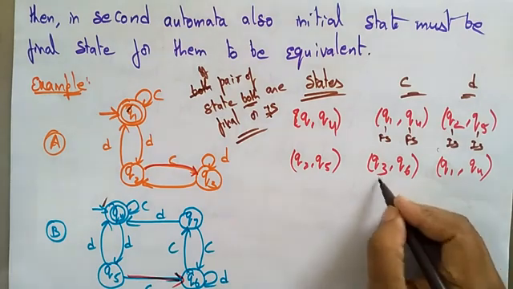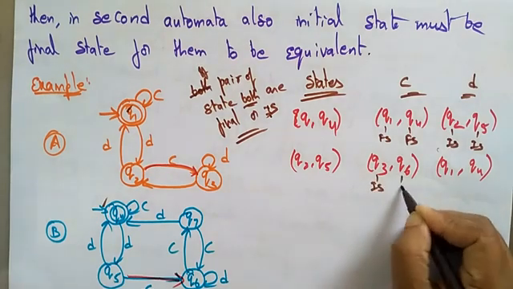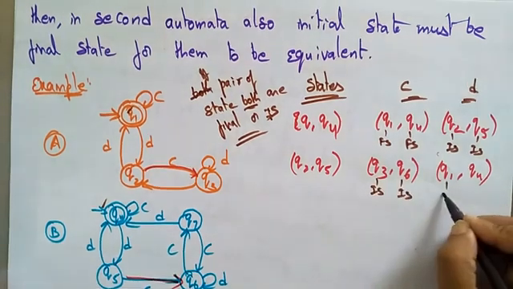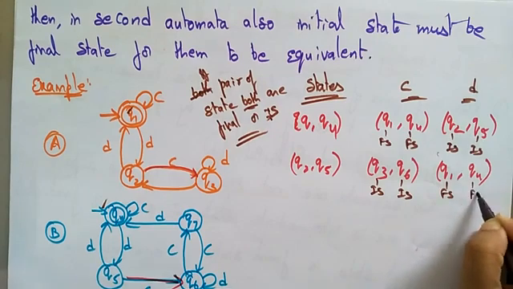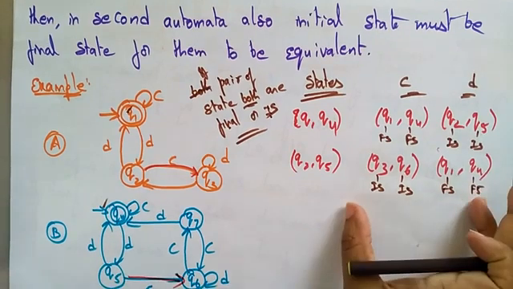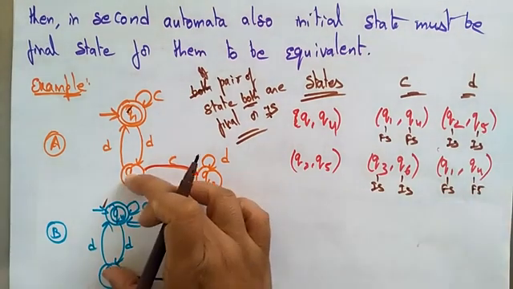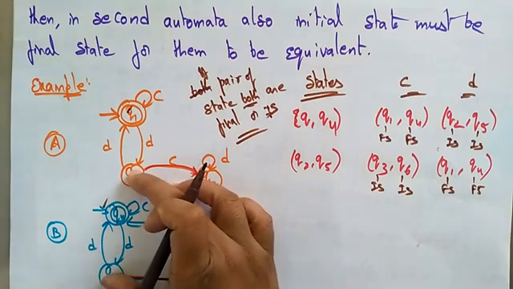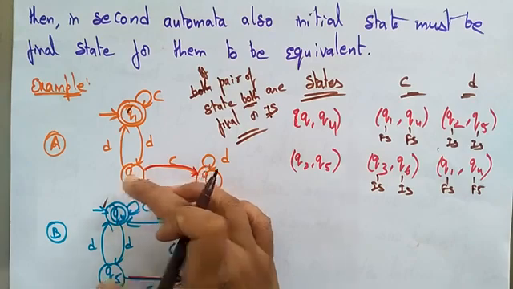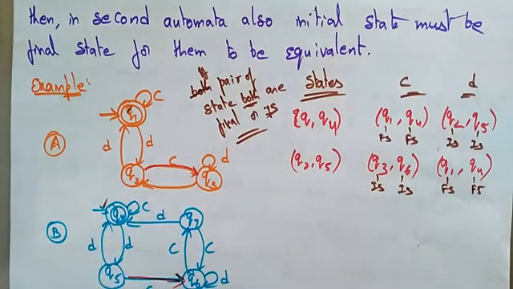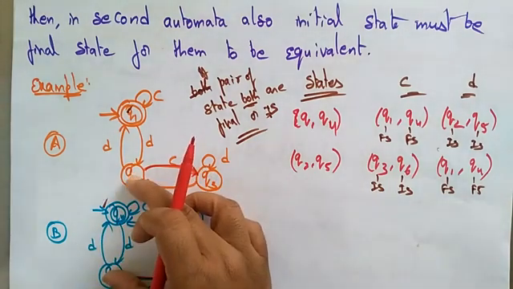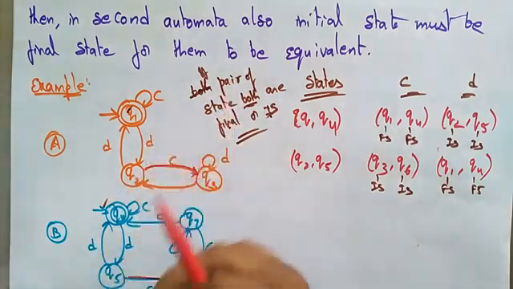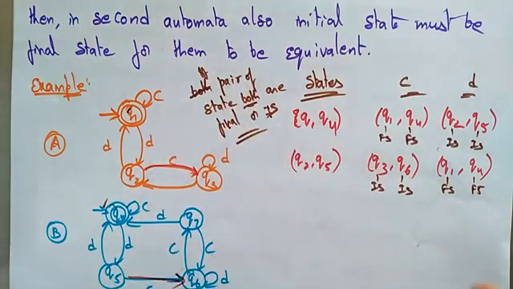So Q3 and Q6 are intermediate states, and Q1 and Q4 are final states. By seeing this, you can clearly say these two states are equivalent, producing either final states or intermediate states. So these are also helping in showing that the two automata are equivalent.